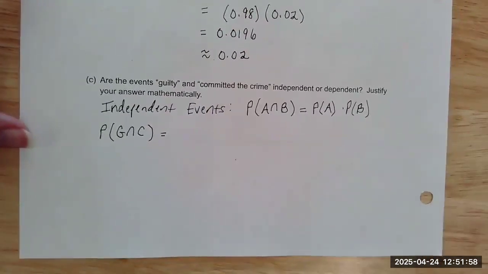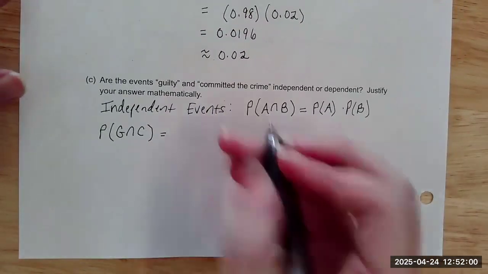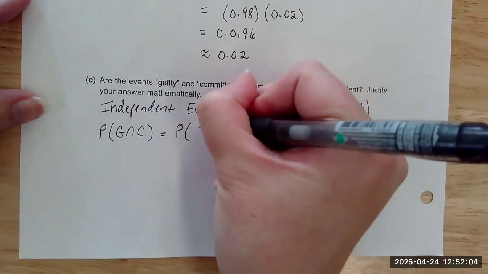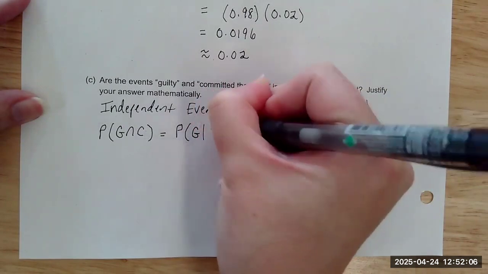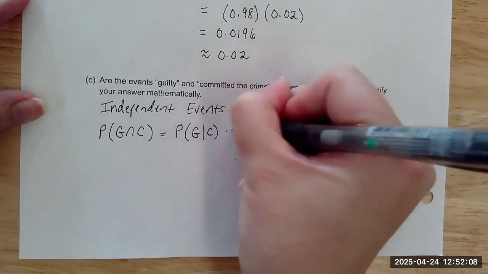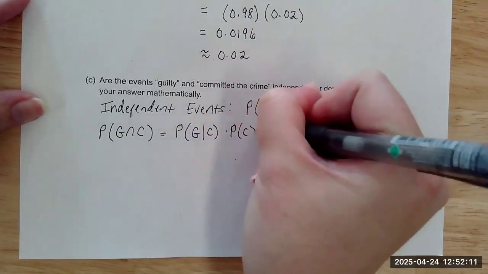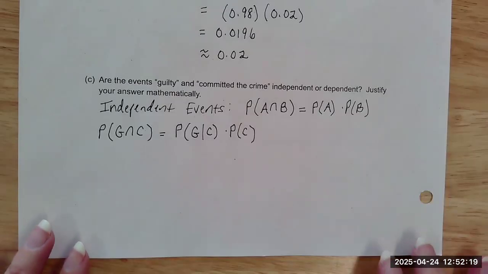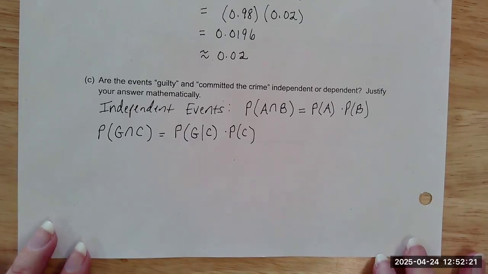We can just use our definition of G and C. So that's the probability of G given C times the probability of C. That's just using our definition, because we have G given C and we have the probability of C.